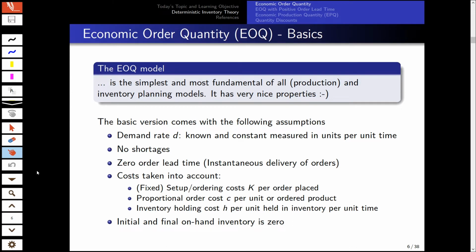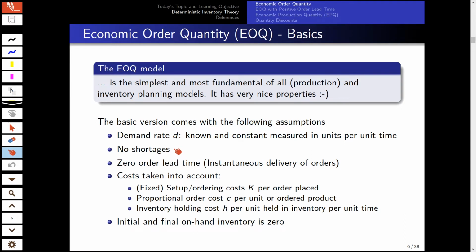The basic assumptions of this model are as follows. We assume that we have a demand rate that is known, so we know which demand we will be facing in the next time period that we want to plan. So we have that number in units per time. We assume that no shortages are possible.